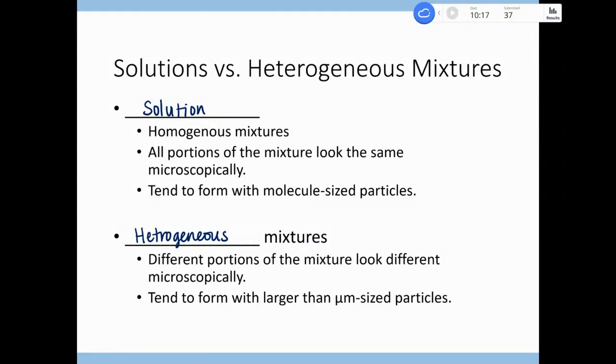This is when different portions of the mixture look different and tend to form with larger than micrometer sized particles. Something larger than a micrometer is like a grain of sand. If you add sand to water, that's just going to remain a grain of sand. That won't be breaking apart.